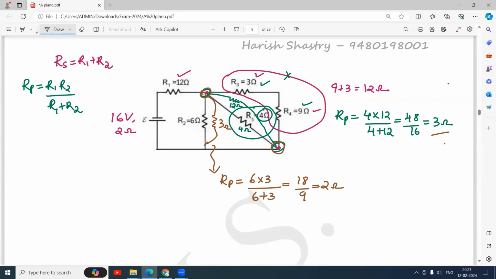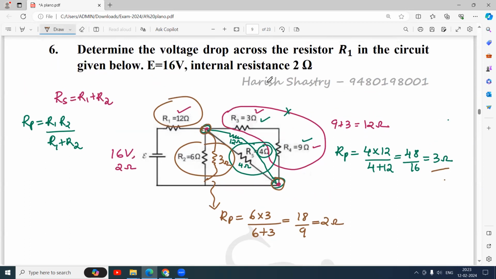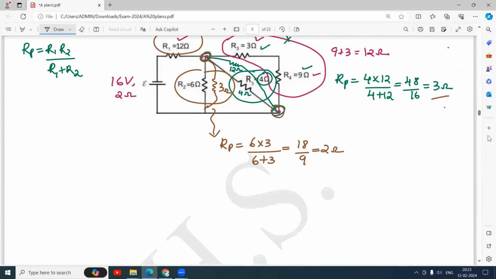So finally, the circuit is like this. Of course, I don't replace this final 2 ohm and this 12 ohm, because I have been asked to find the voltage drop across the resistor R1. So I don't remove R1. I'll write the equivalent circuit.